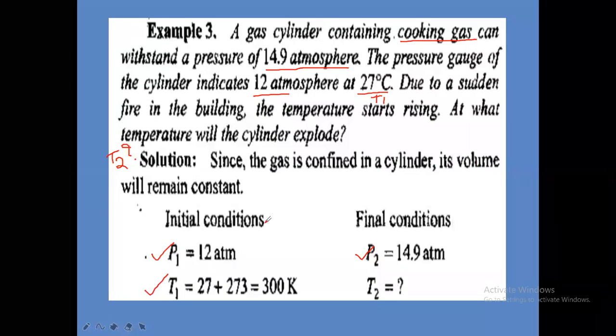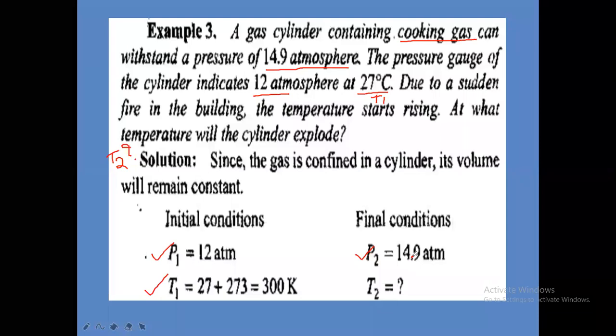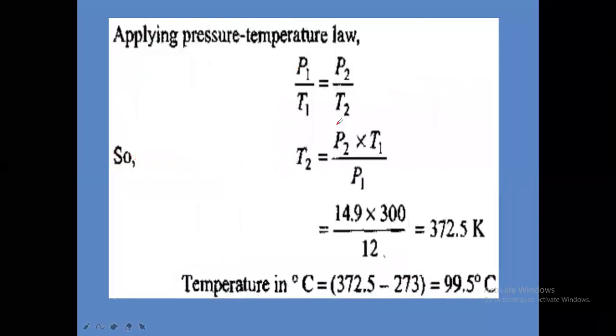That's why here, when initially the pressure is 12 atm and you are increasing the temperature by fire, the pressure will increase and reach 14.9 at one temperature. Just above 14.9, the cylinder will explode. That temperature we have to calculate now.